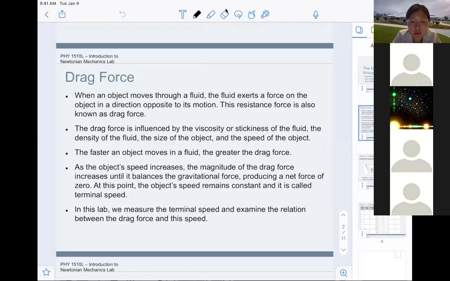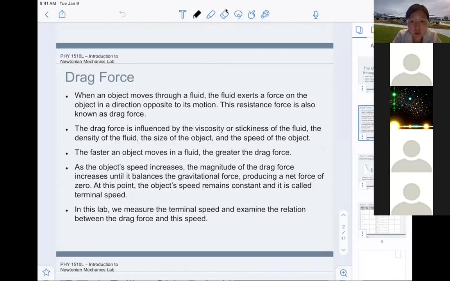It depends on a variety of factors, for example the viscosity of your fluid, the density of your fluid, the size of your object, and the speed of the object. The faster the object moves, the greater the drag force it will experience.